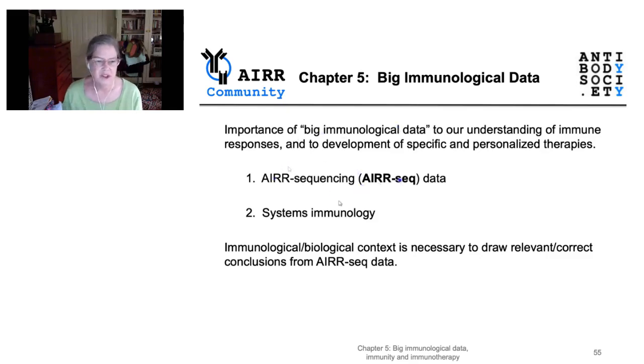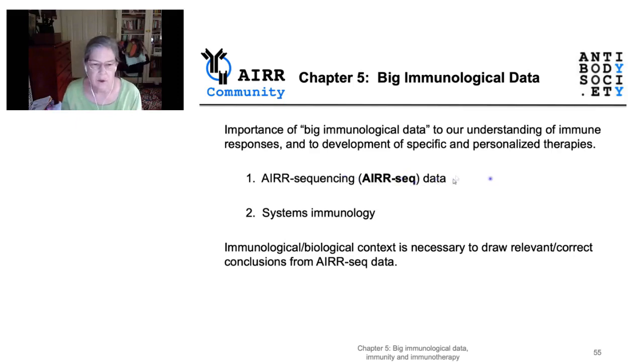So I hope I've convinced you with this set of talks that AIR sequencing, so that's adaptive immune receptor, B cell and T cell receptor repertoire sequencing, sequence data can help look at clonal responses and also provide you a way of, for instance, getting at T cell receptors and B cell receptors that you may want to clone for one reason or another, and to make therapeutic antibodies or to transform autologous T cells to go after tumor antigens, for instance.